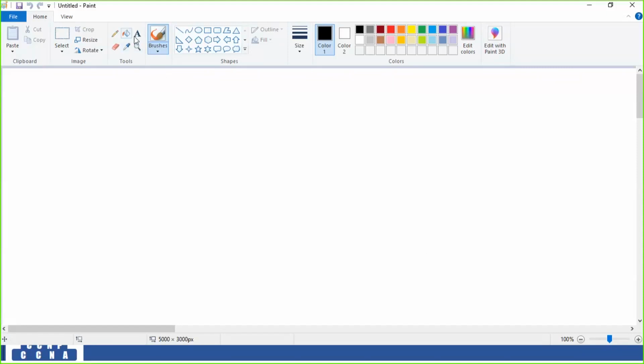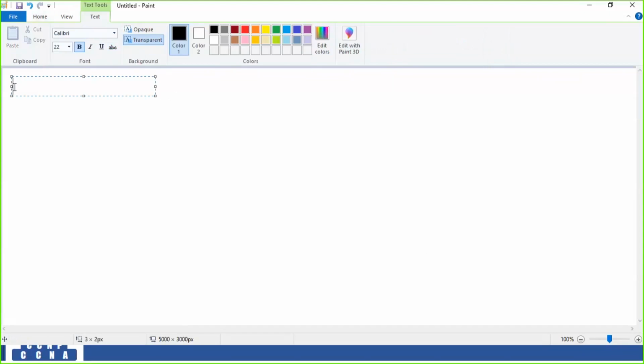I'll give some statements about IPv6. Understand this. 1 hexadecimal digit is equal to 4 bits. Four hexadecimal digits is 16 bits, which we call 1 quartet.